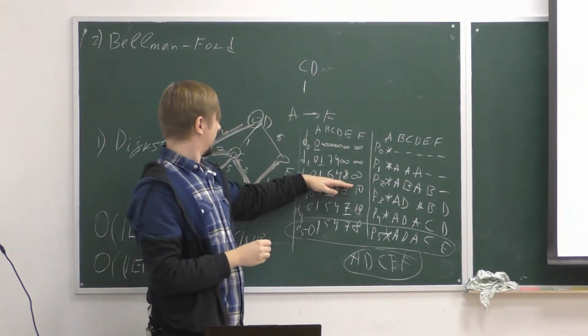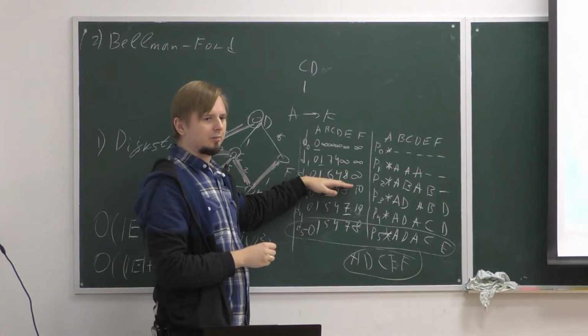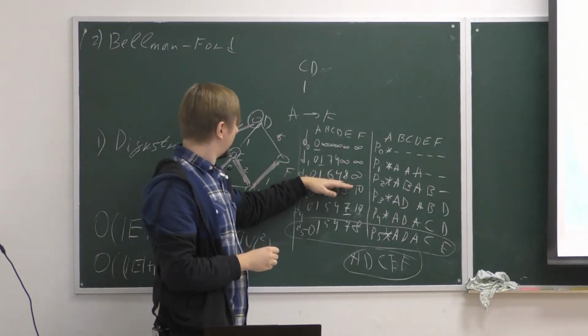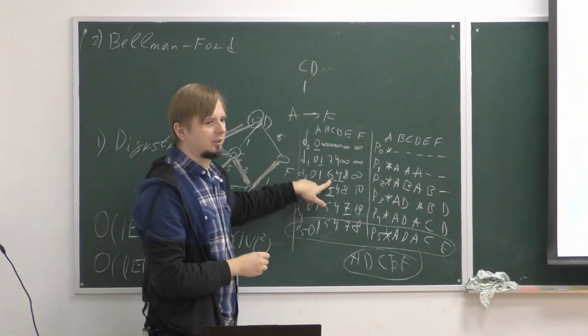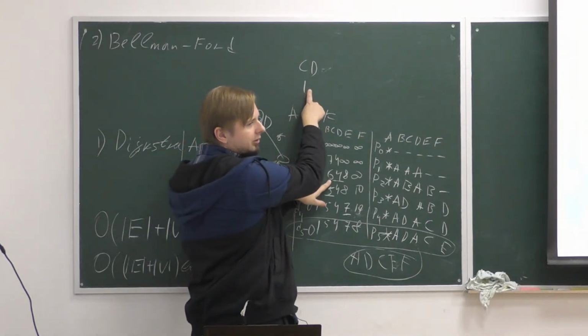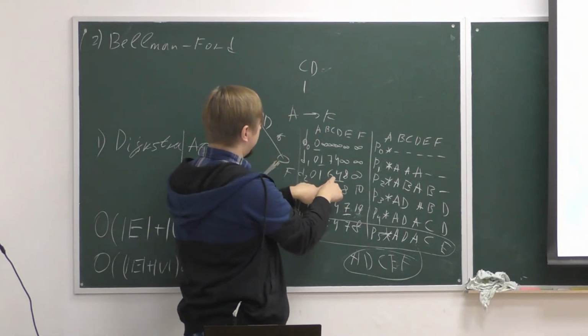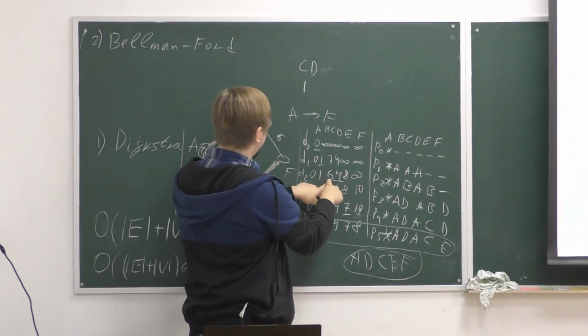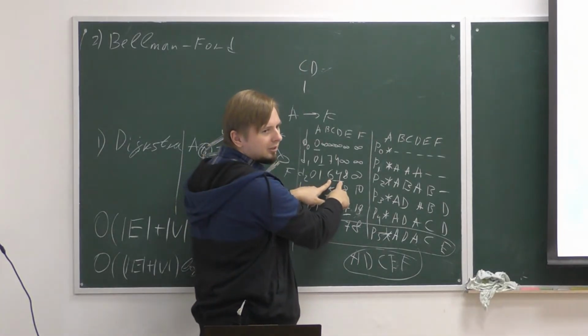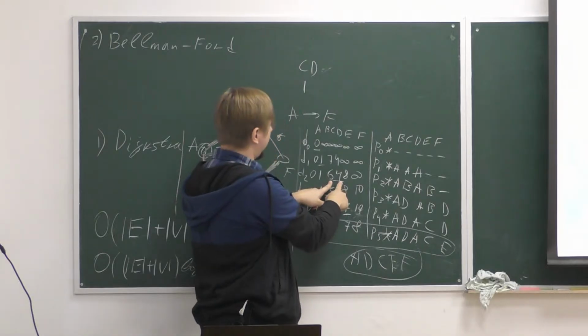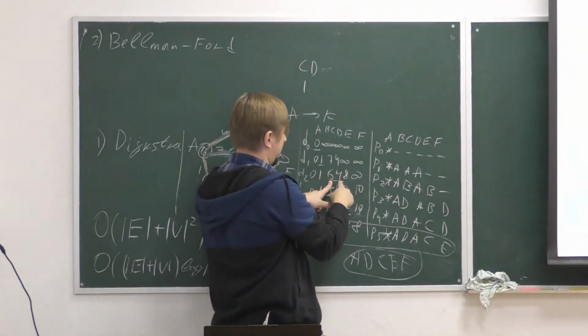You take the value from C, add 1, and compare it with the number in D. If it is less, then you change it here.